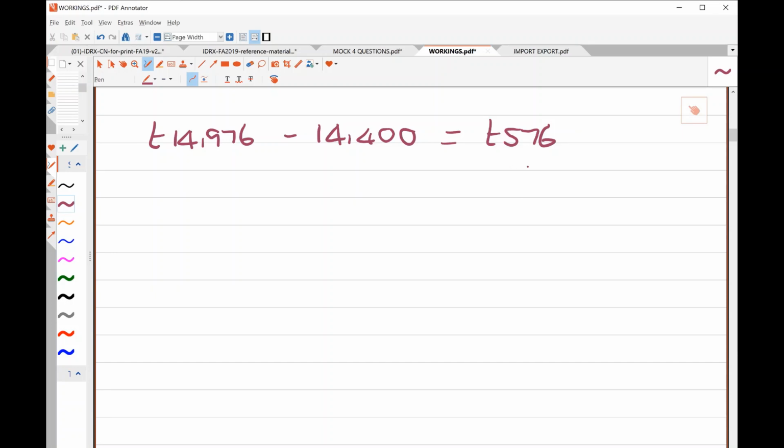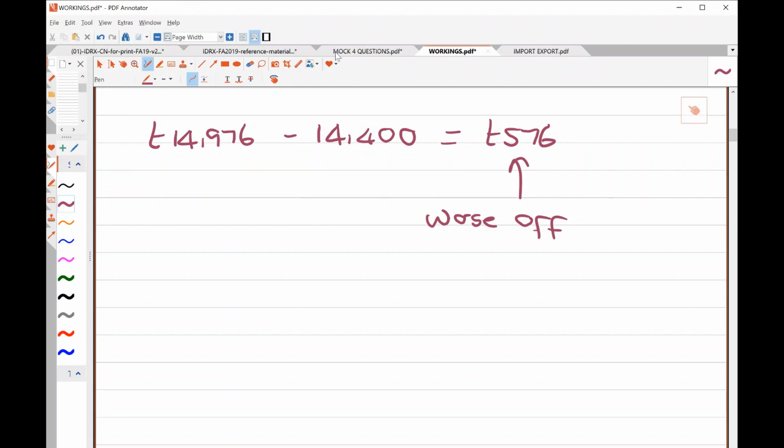So because Lee uses the flat rate scheme, it's fair to say that he is worse off by £576. Do you understand that, guys? Yeah, sometimes it's just easier to do the workings before you start looking at the questions, because I now know that Lee is worse off by £576.